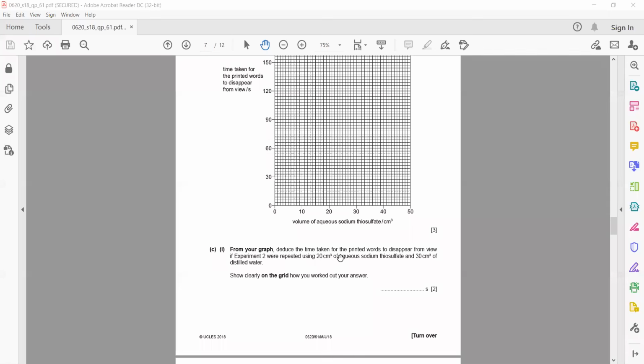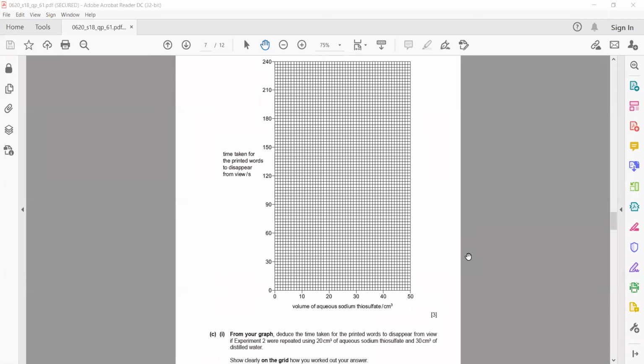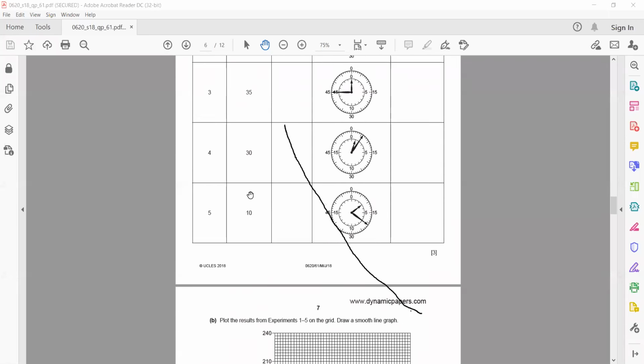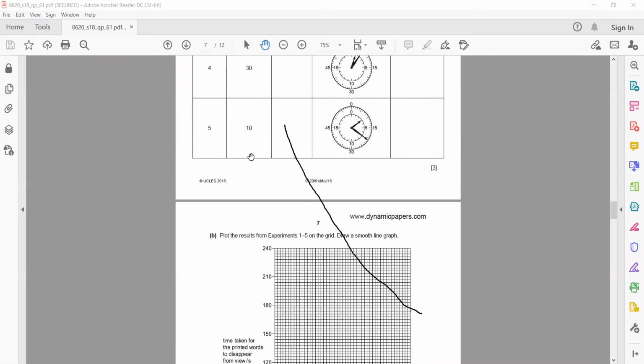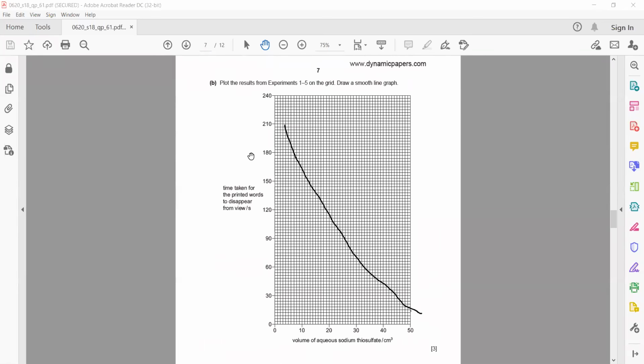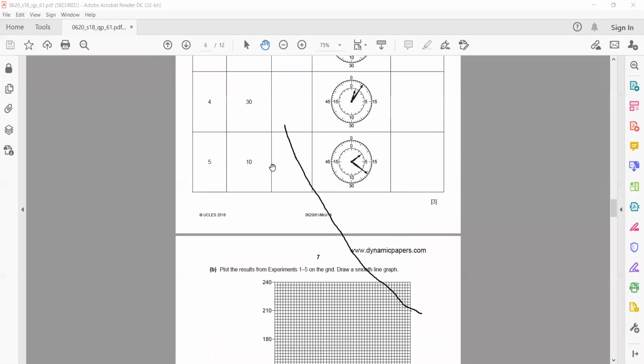From your graph, deduce the time for the printed word to disappear from view if experiment 2 was repeated using 20 cm³ of thiosulfate and 30 cm³ of distilled water. In experiment 2 we had 40 cm³, so instead of 40 cm³, we use 20 cm³ of thiosulfate.